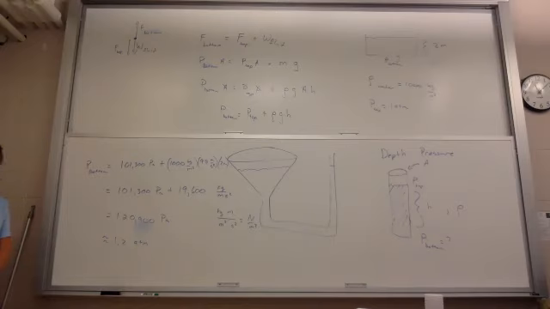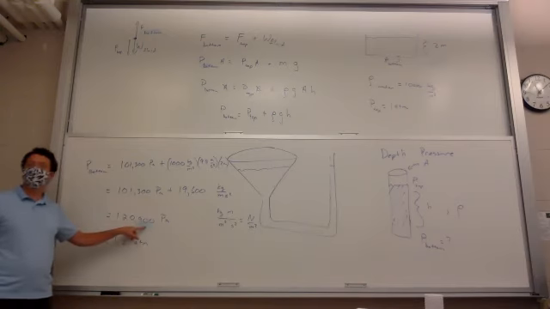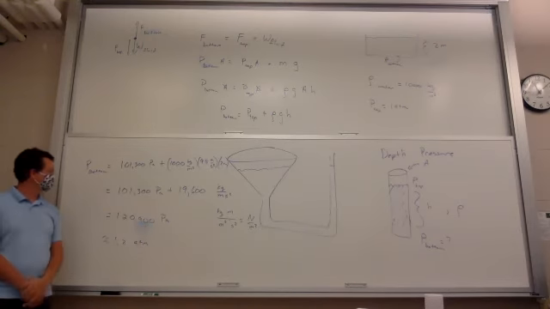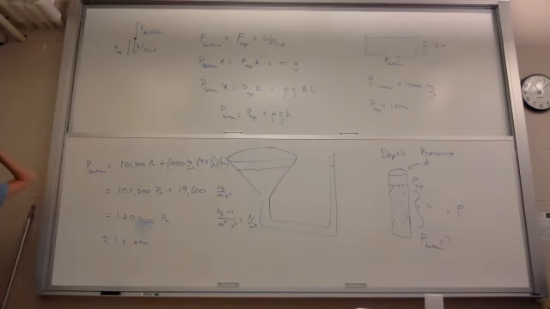Does anyone have a more accurate result? Did anyone get this? Make sure I got that right. Is there anyone who did not get that? Does anyone have something way different? You're looking troubled. Yeah, I didn't get it.